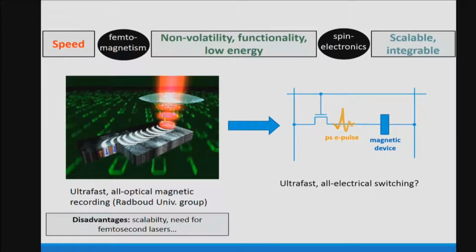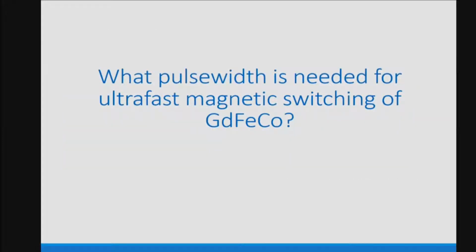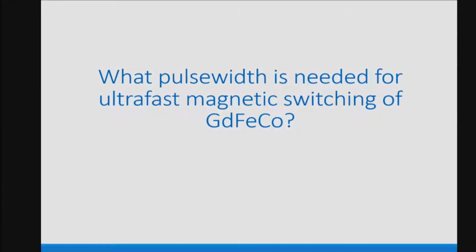Could we get the same thing to happen? So the first question that we wanted to ask ourselves was, what's the pulse width that's needed for this? If I need a 100 femtosecond electrical pulse, I'm probably not going to get that, at least on chip in some kind of realistic integrated technology. But if I can maybe get away with a longer pulse, then perhaps it would work.